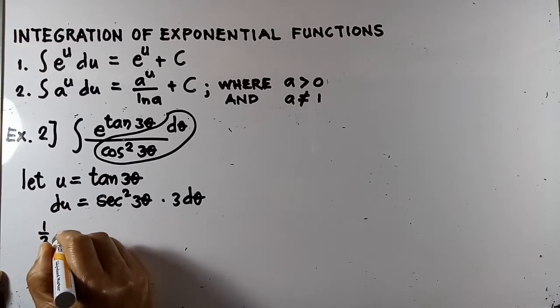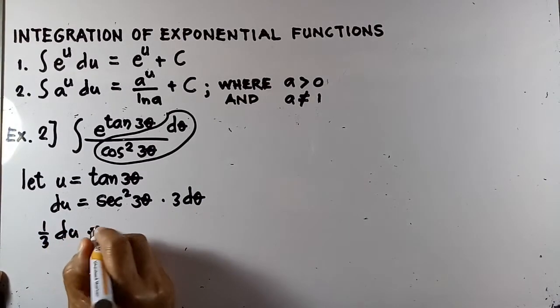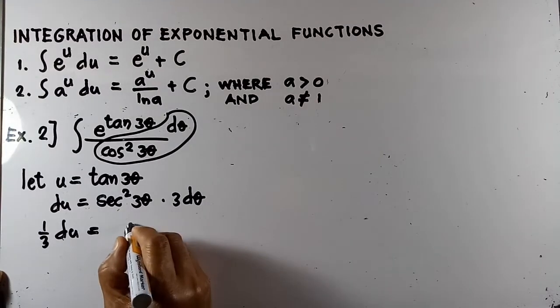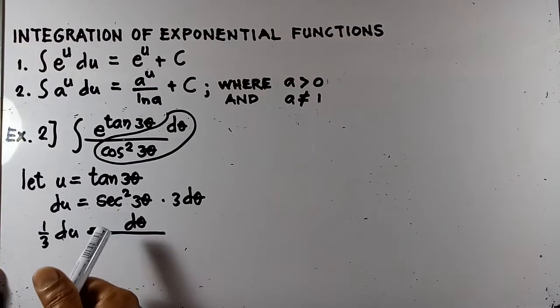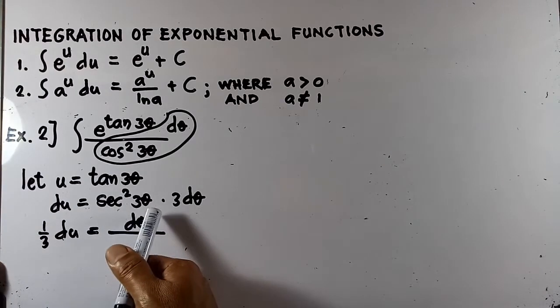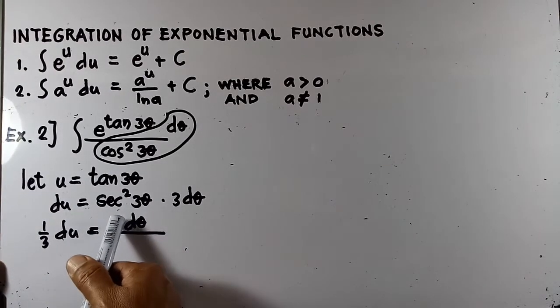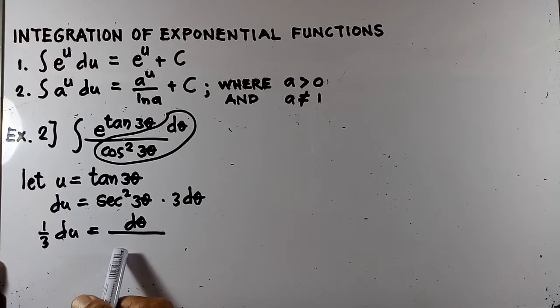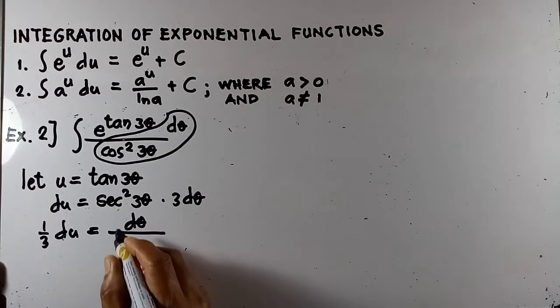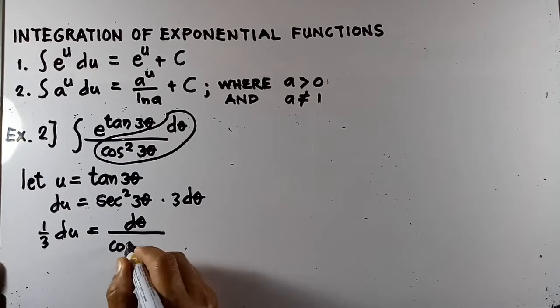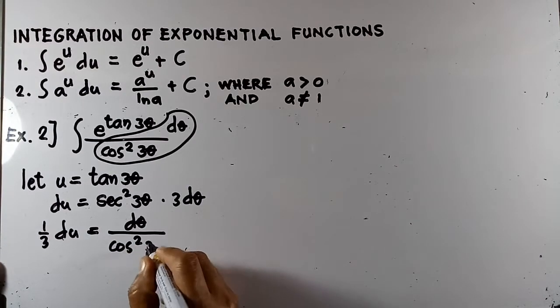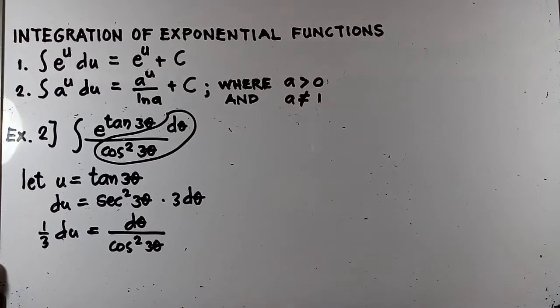So, 1/3 du equals d theta divided by, ayun, yung secant squared of 3 theta equals sa 1 divided by cosine squared of 3 theta.